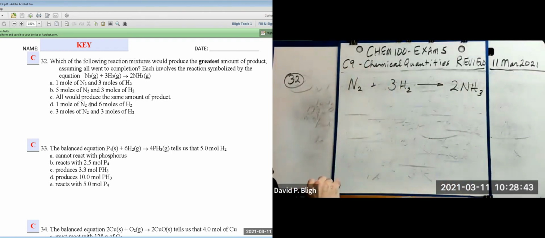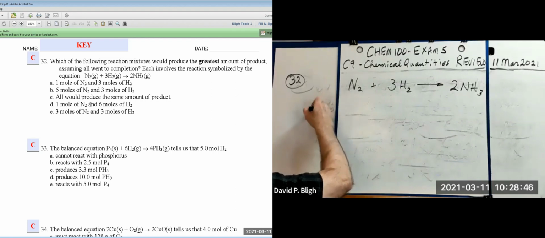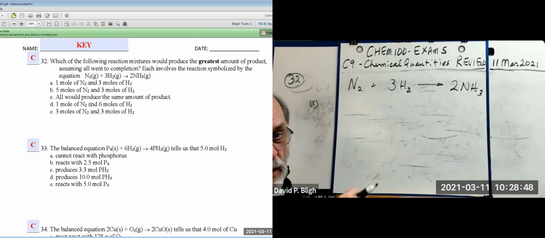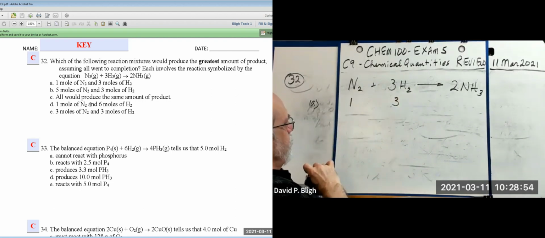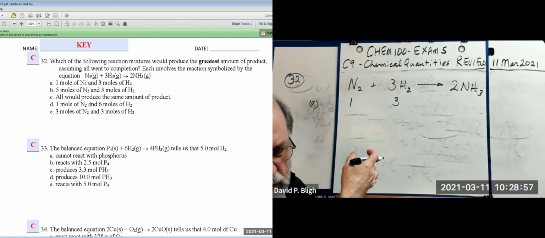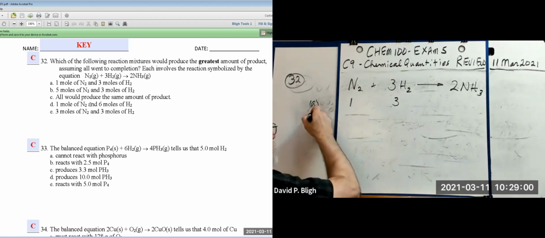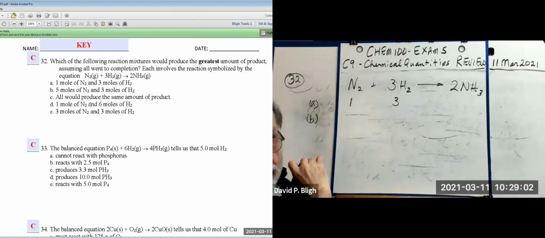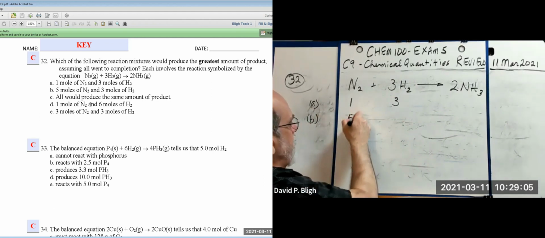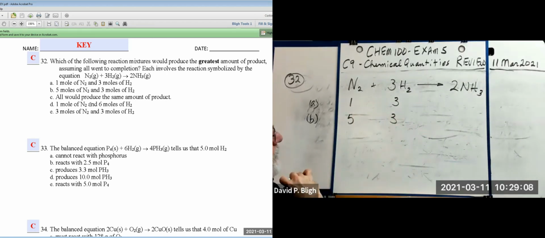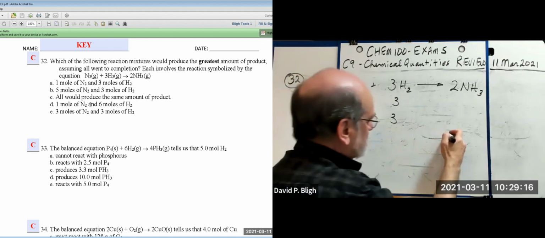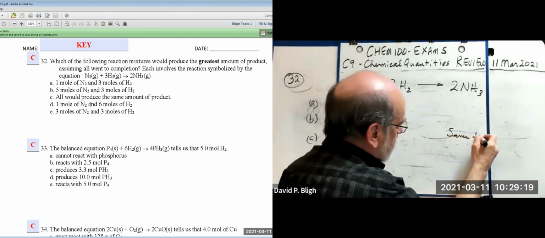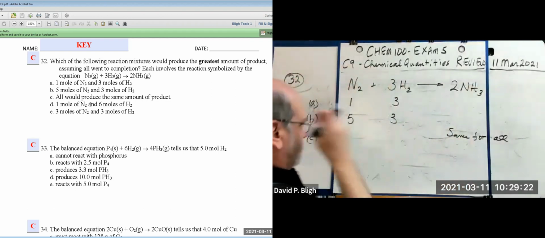Okay, and we have for A, 1 mole of N2 and 3 moles of hydrogen. One of these, 3 of those. I'm not going to write moles because it looks like everything's moles. B, 5 moles of N2 and 3 moles of H2. 5 and 3. C means same for all product.